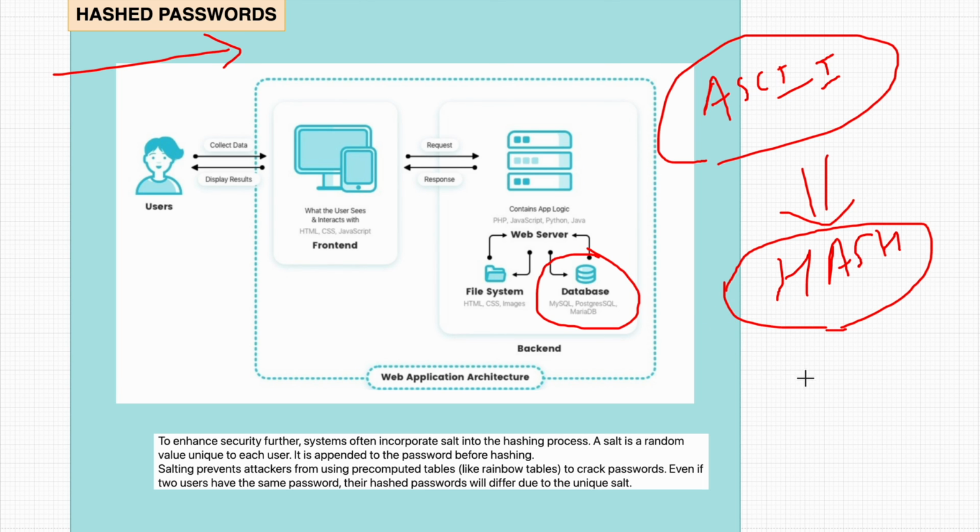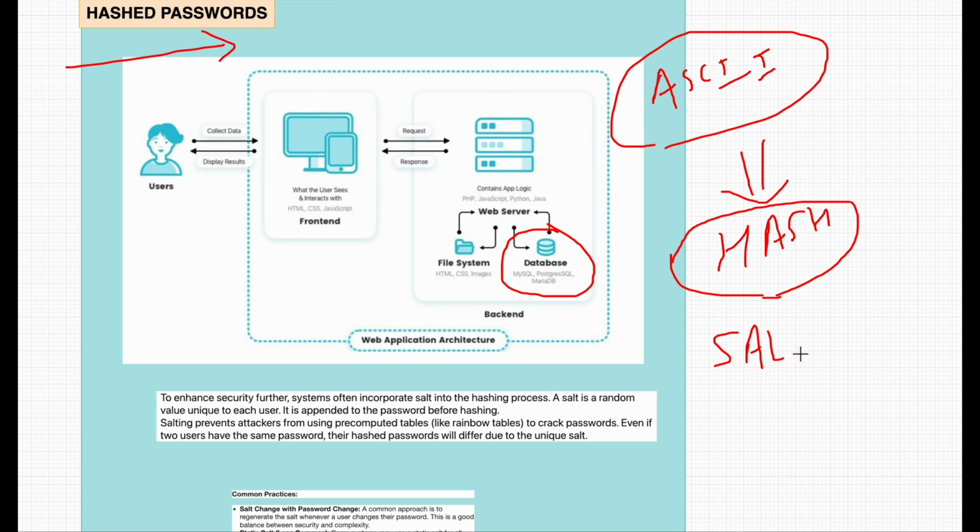Another thing which is done is the usage of something called a salt. There is an attack which is called a rainbow attack. In a rainbow attack, let's say we have a list of passwords and their associated hash functions. So what we can do is compare. Let's say I have access to the database and I have malintentions.